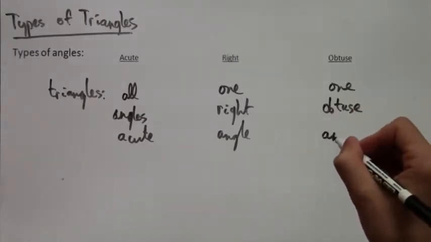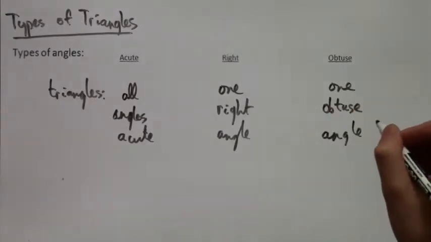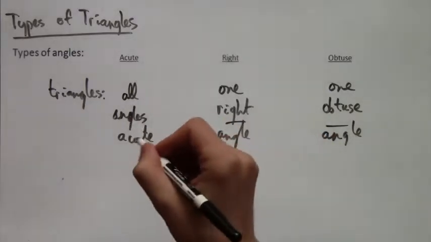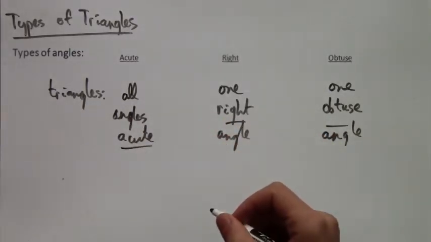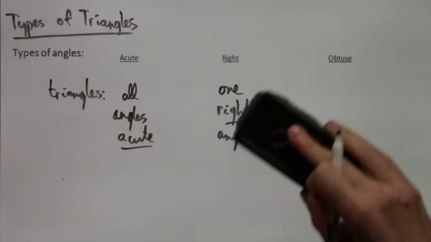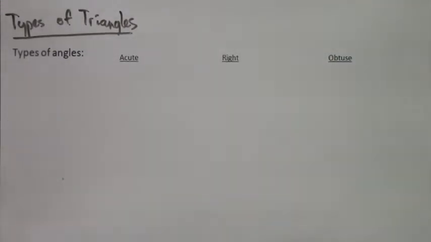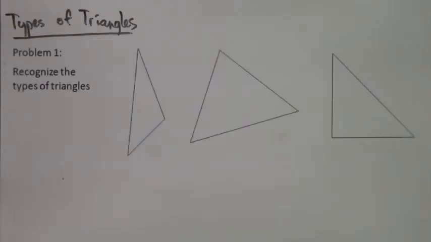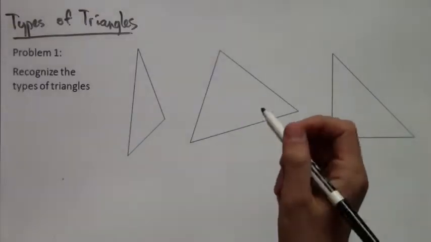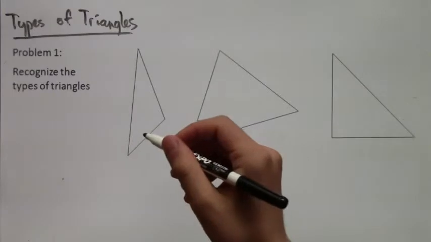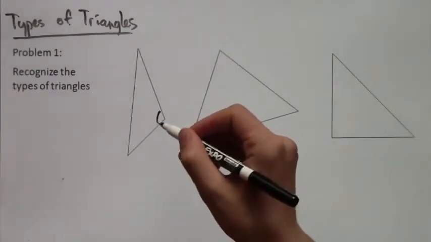It's actually impossible for it to have more than one right angle or more than one obtuse angle. If you want to know why, then you can look at my video lesson, the sum of the angles of a triangle is 180 degrees.